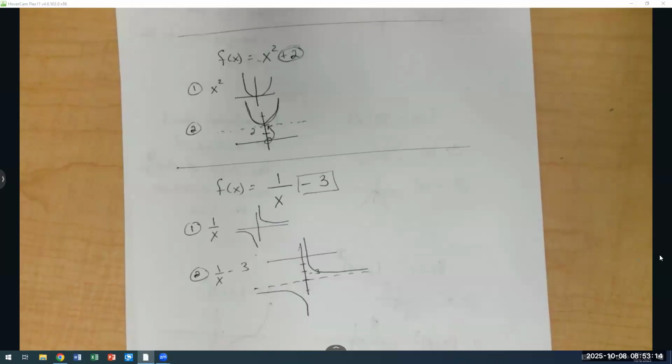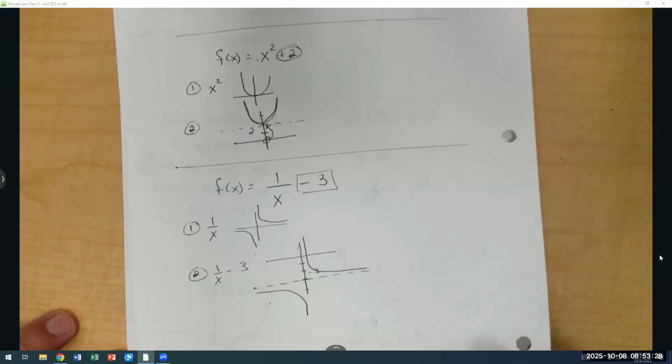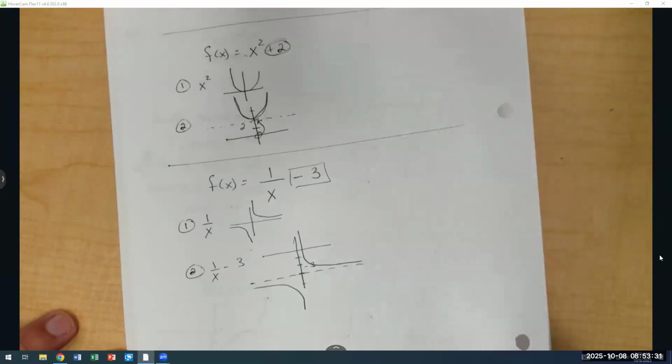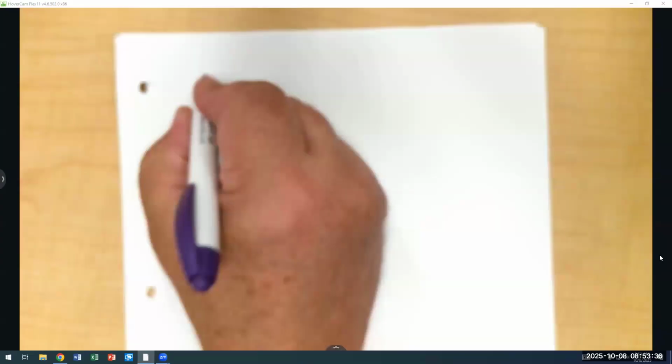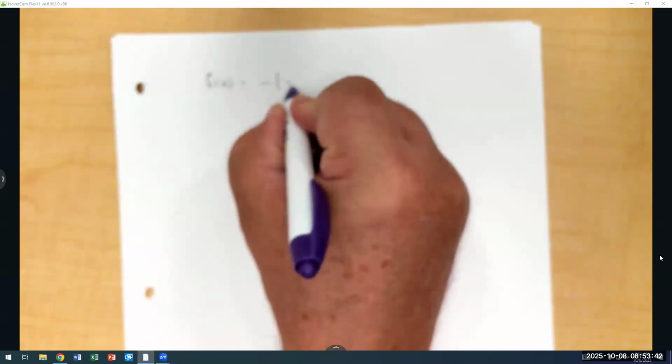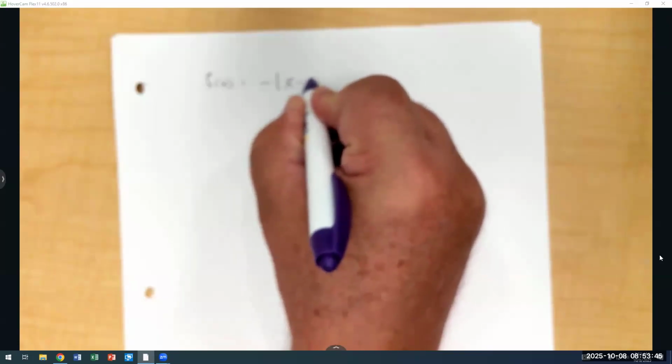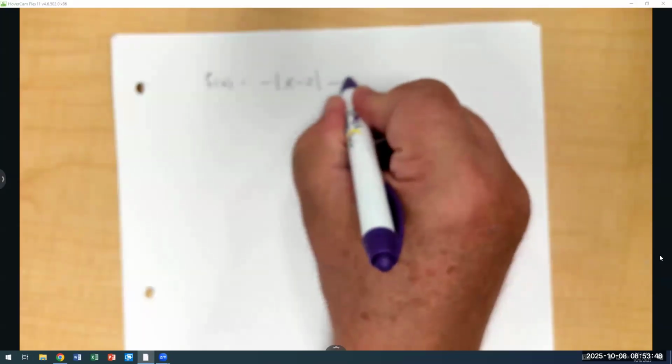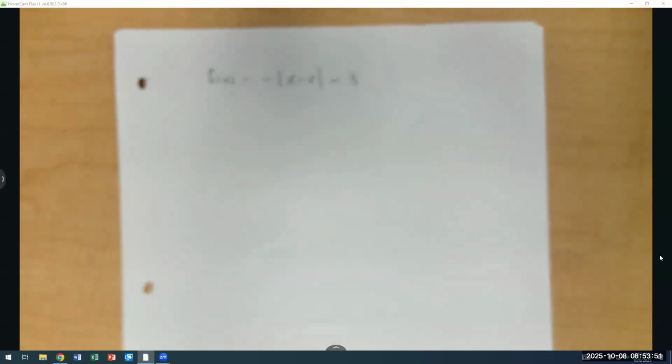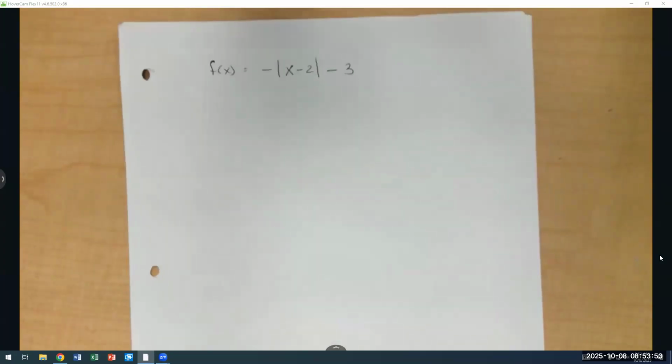It's just shifted down 3 spaces. Let's look some more.